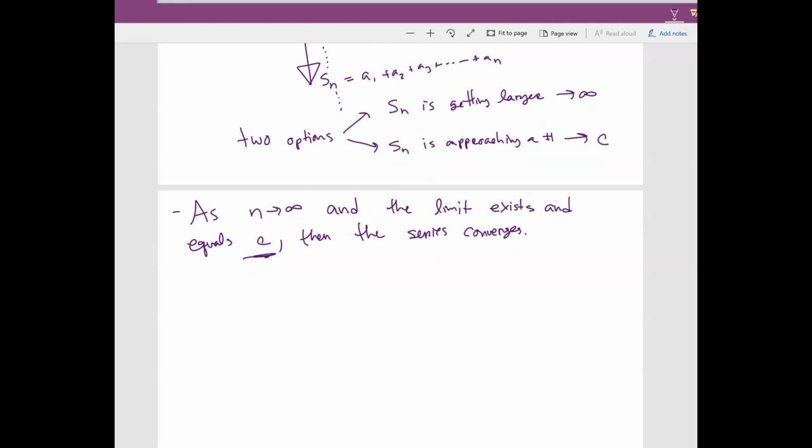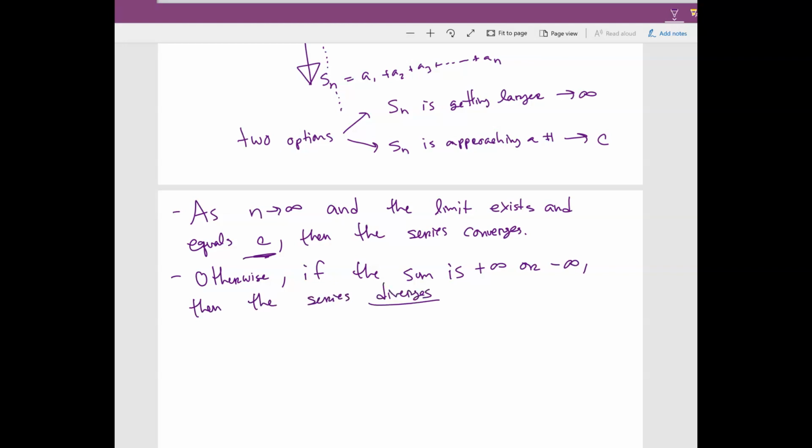Otherwise, if the sum is positive infinity or maybe even negative infinity, then the series diverges. Okay, so that's basically what it is.